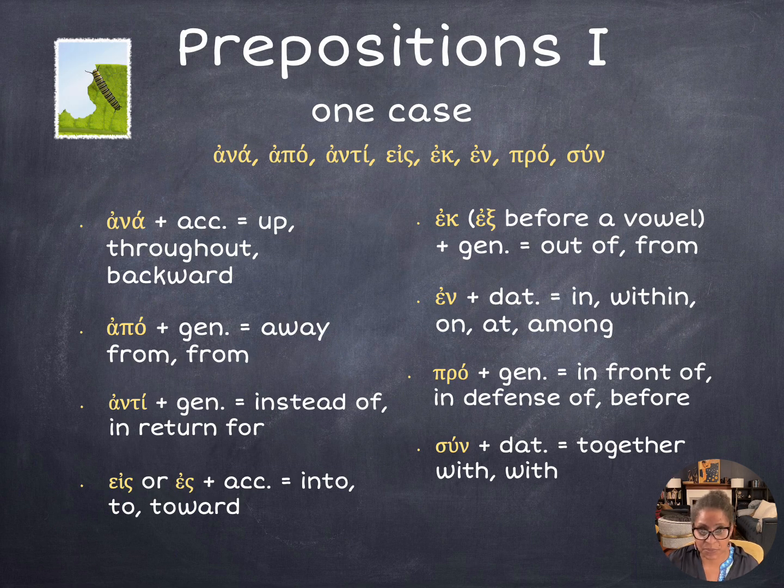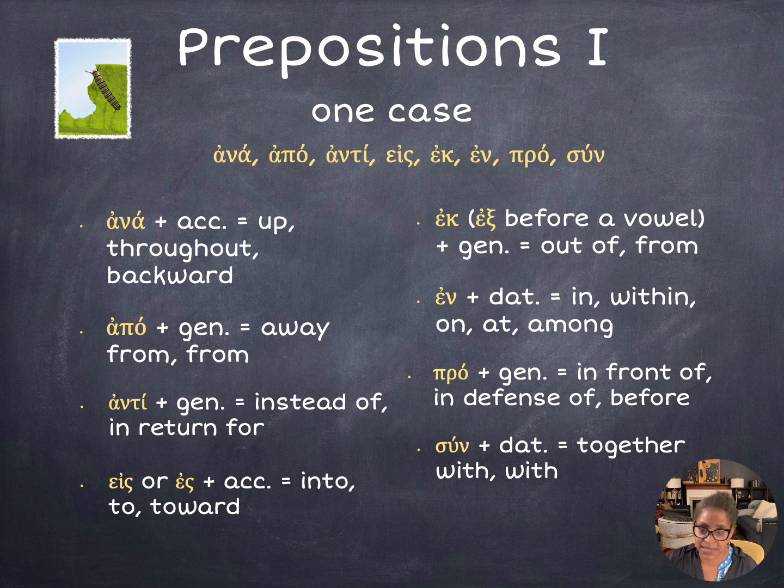Prepositions number 1, the first category, take one case, and they are ana, apo, anti, eis, ek, en, pro, and sun. The best thing would be to just memorize the ones that are under the one case category: ana, apo, anti, eis, ek, en, pro, sun.